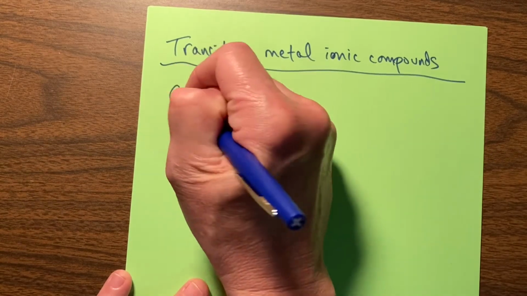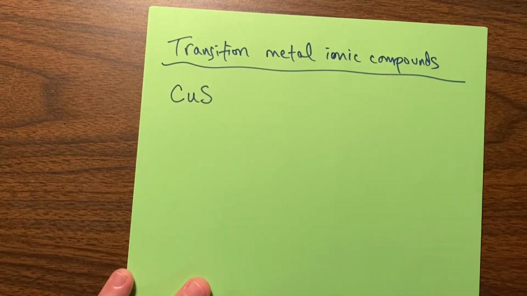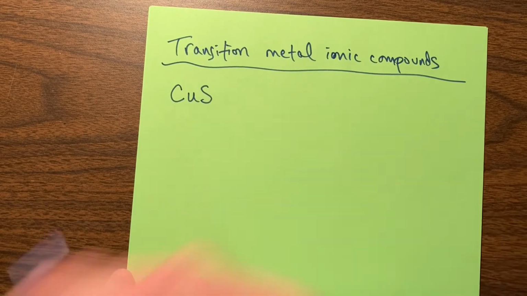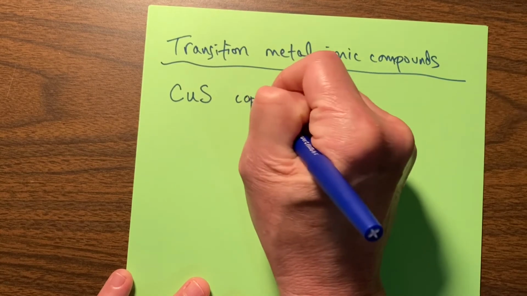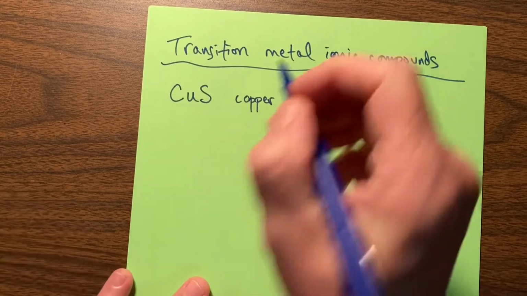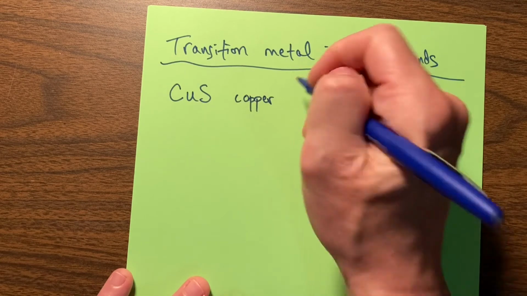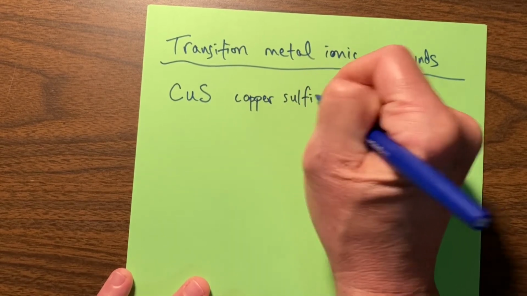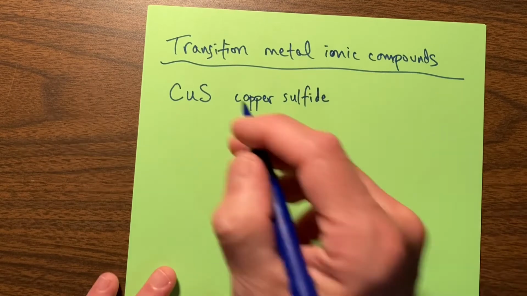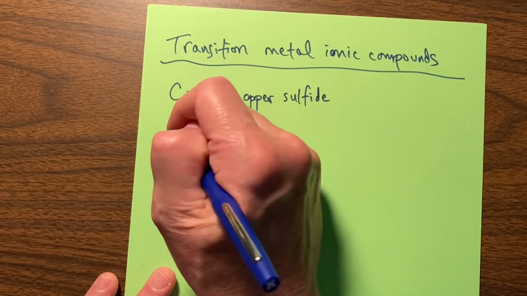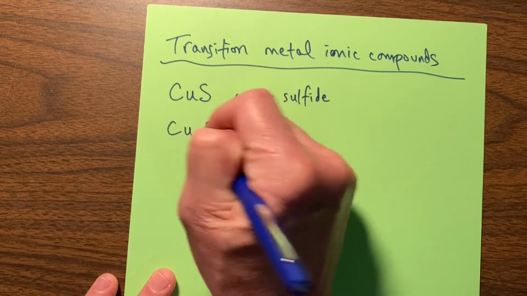Let's say you had the compound CuS. How would you name that? Well, according to the rules I've discussed so far, you might say it's copper, and then it's sulfur, but it's a binary ionic compound, so you just change the ending to sulfide. That isn't good enough because copper can form a compound that looks like this.